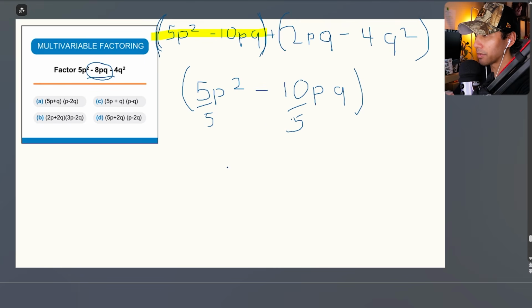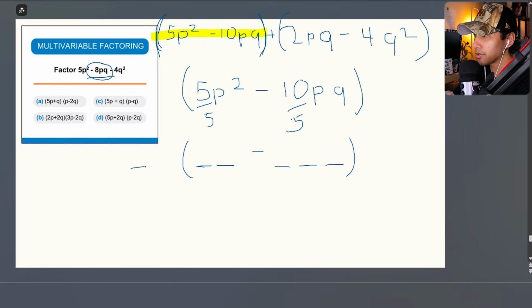And I'm going to write everything down below so you know what's happening. So right here on this side of the binomial, you have two terms, 5 and p squared. So I'm going to have 2 lines, and then minus, and then we have 3 terms over here, 10, p, and q. And also on this side, this side has 2 terms, this side has 3 terms.